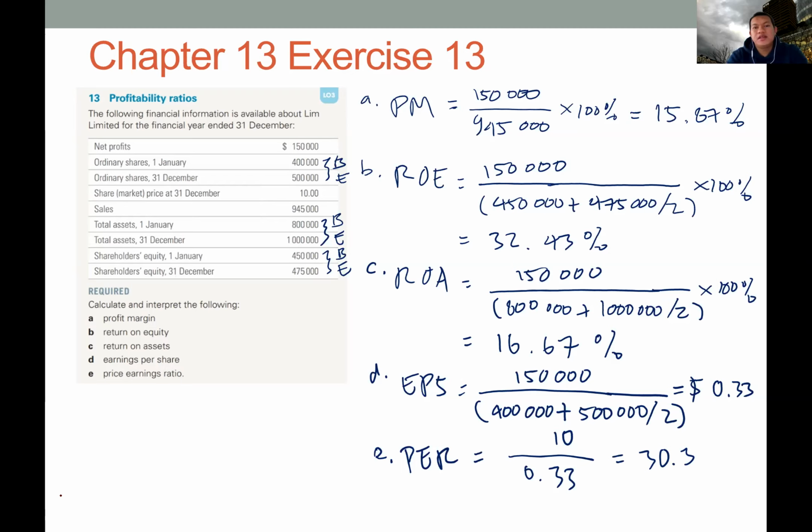So let's start with the profit margin. This company is able to generate 15%, almost 16% of profit out of their sales. So what do you think? Is it good enough? I said it was low. Quite low? Yeah, a little bit low, right?